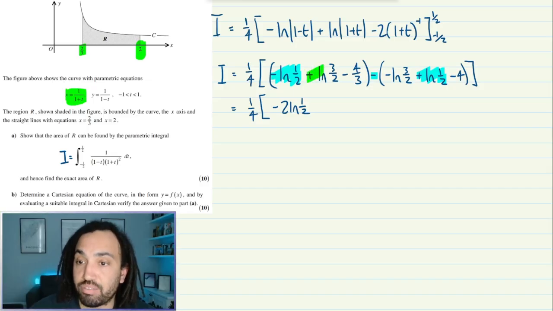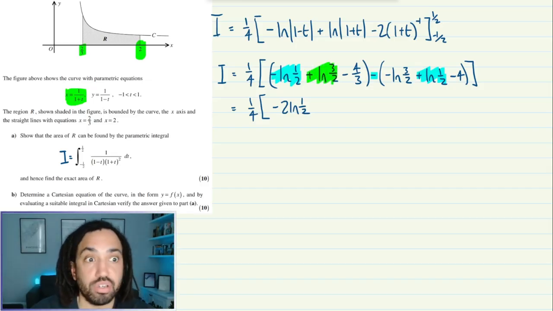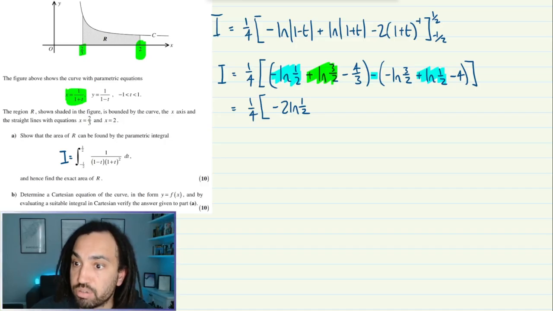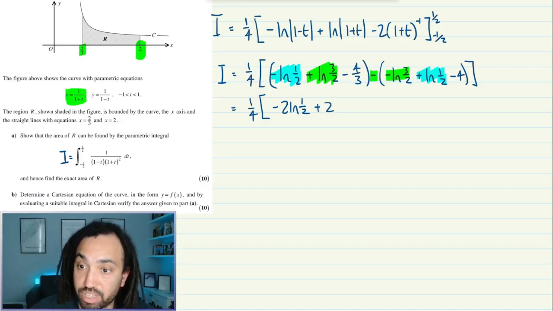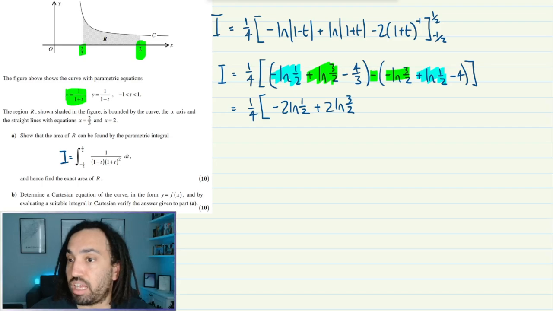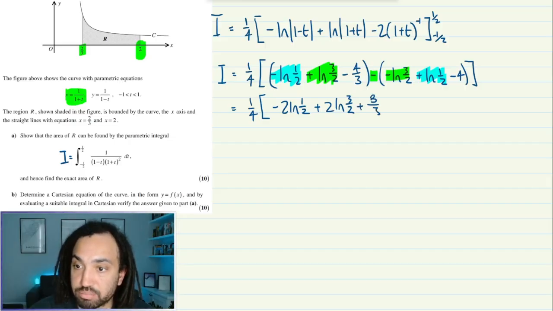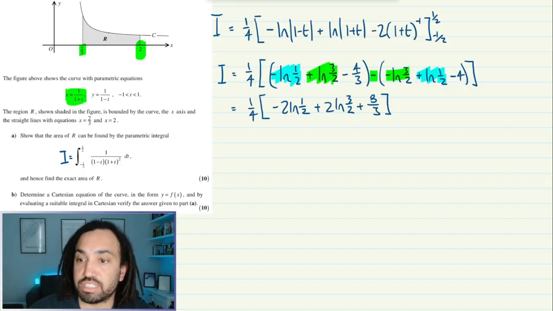And we have a positive ln 3 over 2, and then another positive ln 3 over 2 because of that double negative there. And then we have these terms here will be -4 over 3 plus 4, which will give me 8 over 3, so plus 8 over 3. Fantastic.